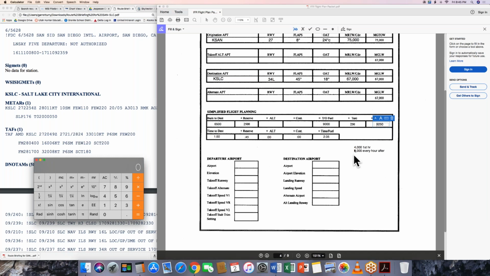We're going to go off of our 3,000 pounds for every hour after. So 3,000 pounds divided by 60 minutes gives us 50 pounds per minute, right? 50 pounds times 45 minutes. Oh, you're right. So let's see if it's the 4,000 pounds. Nope.